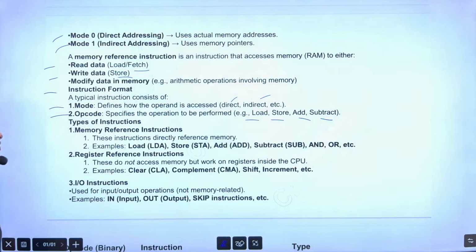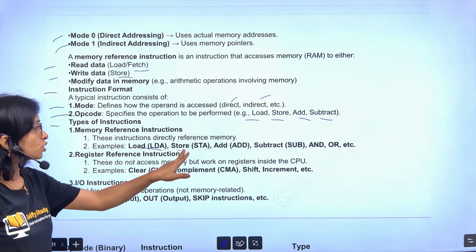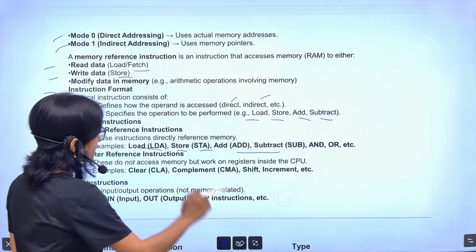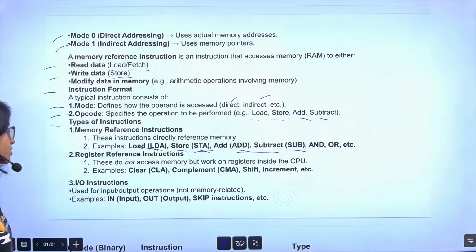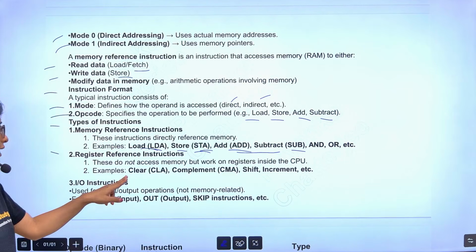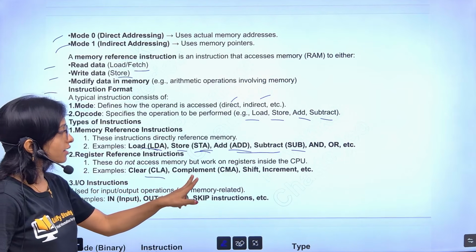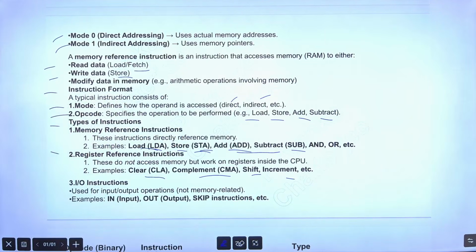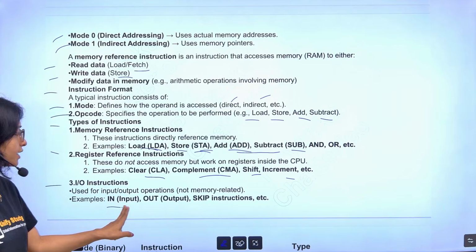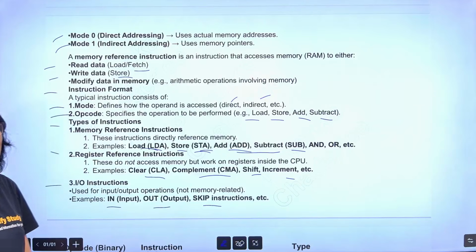The types of instruction are LDA, STA, add, subtract. Other than that, there are register reference instructions, like CLA meaning clear, complement, shift. Input output instructions are also there, like input, output, skip. These are the different types of instruction.